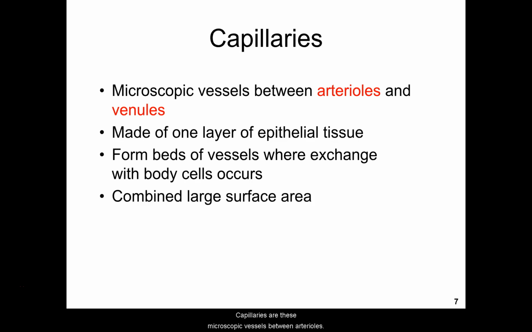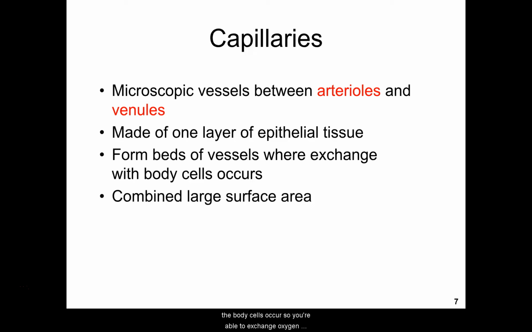So capillaries are microscopic vessels between arterioles, which we just talked about, artery to arteriole, and they're between the arterioles and the venules, which we'll talk about in just a moment. Capillaries are made of one layer of epithelial tissue, and they form beds of vessels where exchange with the body cells occurs.